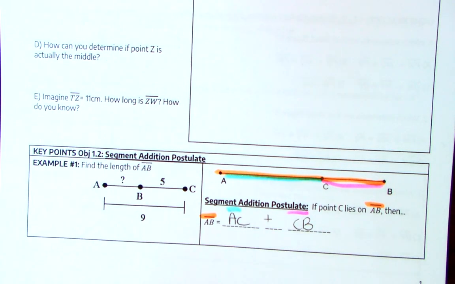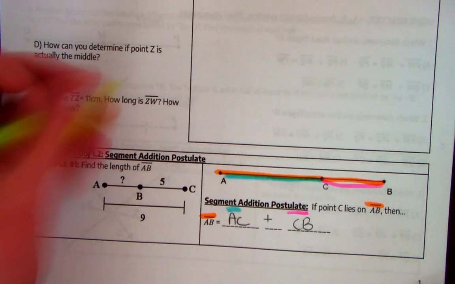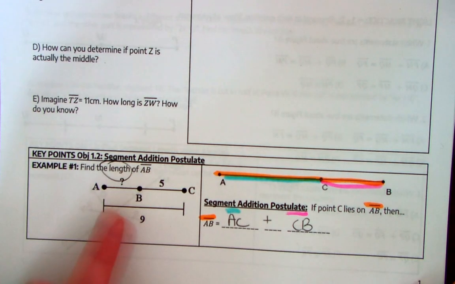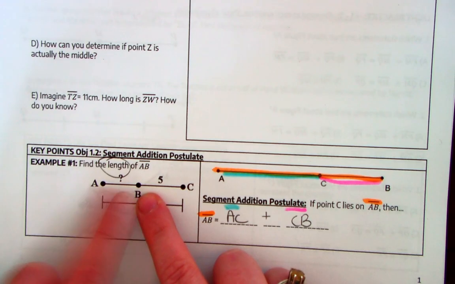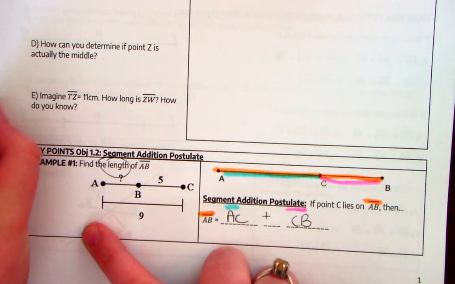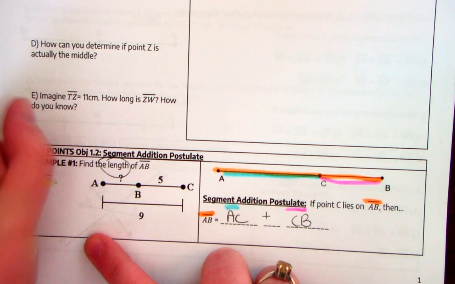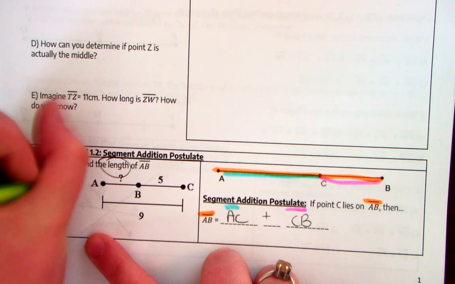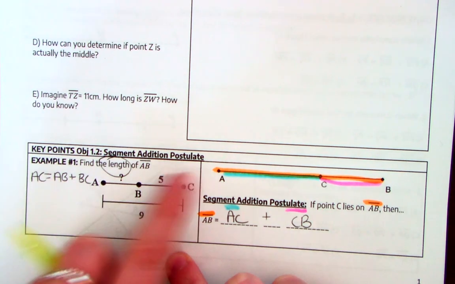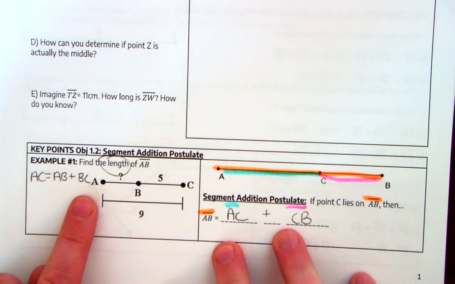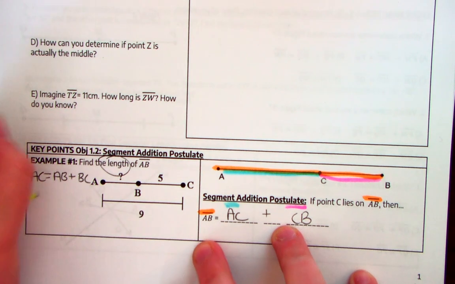Now, that helps me answer a question like this. If I want the length of AB, I want to know how long it is from A to B. Well, I'm noticing B lies between A and C. So AC is equal to the length of AB plus the length of BC. AB plus BC gives me AC, the whole thing. So I know AC is 9.